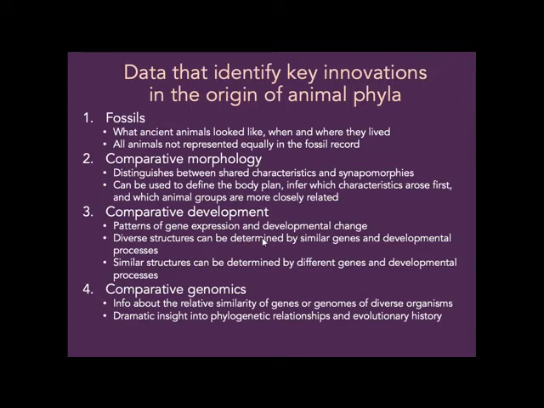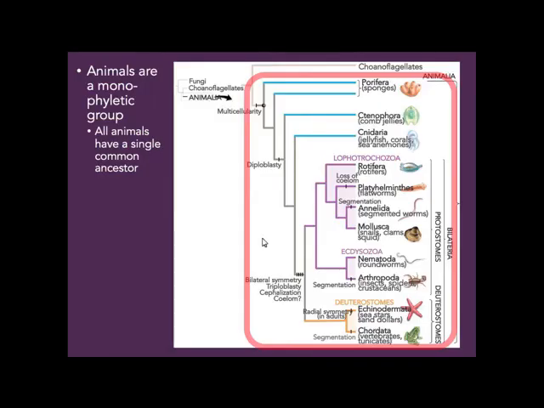And so lately, now that we can sequence whole genomes of many, many organisms very quickly, we have learned a lot about phylogenetic relationships and evolutionary history by doing this kind of comparative genomics. So a lot of the trees that I'm showing you in this chapter and in the next chapter are things that we have just figured out within the last 5 years.